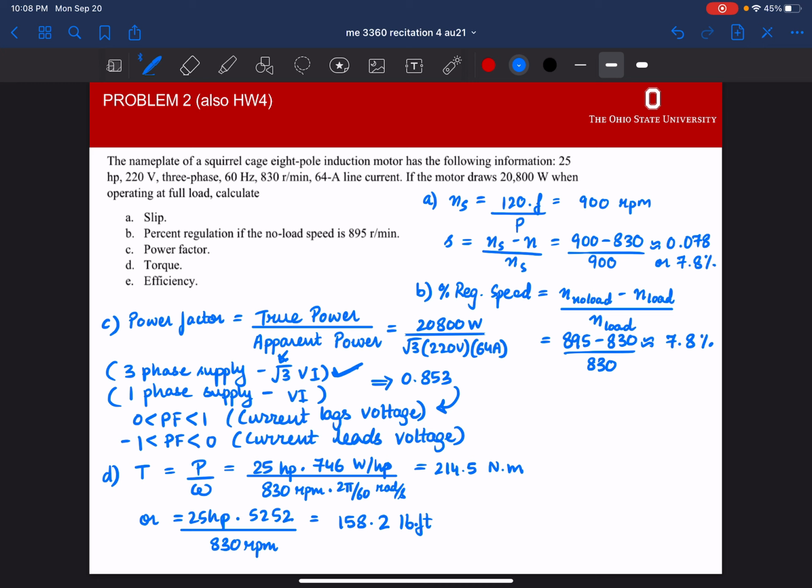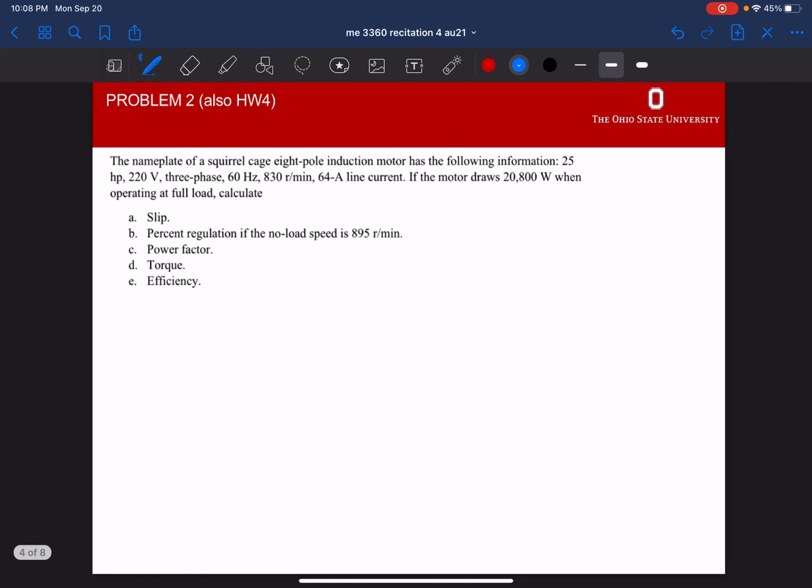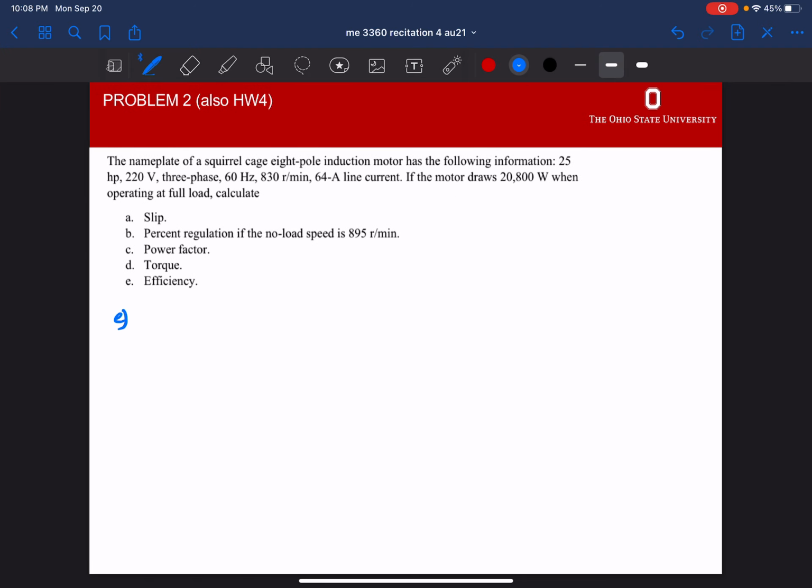Alright, and finally we have part E. Let's have a look at that. So the efficiency. Efficiency, as you guys know, is defined by the output power divided by the input power. So in this case we have the output as 25 horsepower.